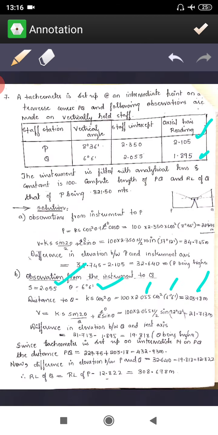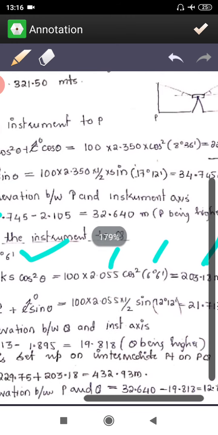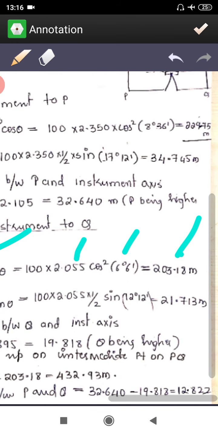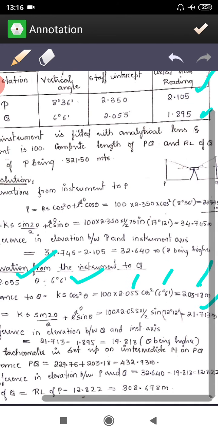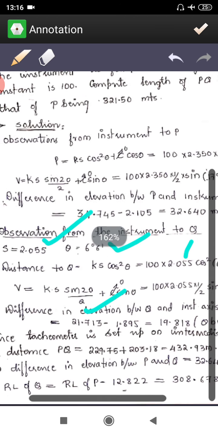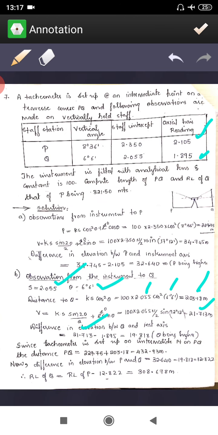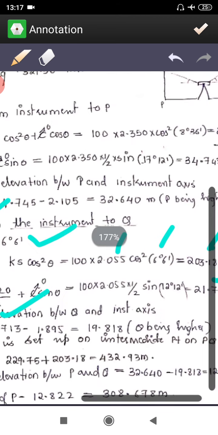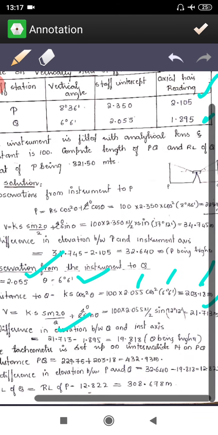Similarly, you have the height with respect to Q, that is 21.713 meters. So the difference in elevation at Q is 21.713 minus 1.895, you are going to have 19.818. So this is the difference at Q, the height at Q.